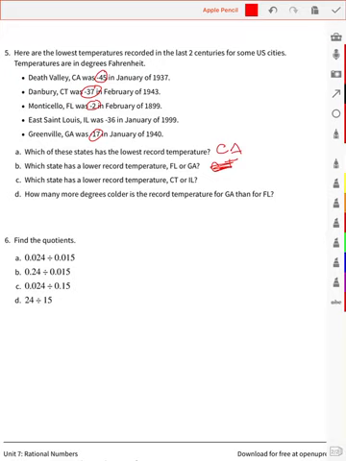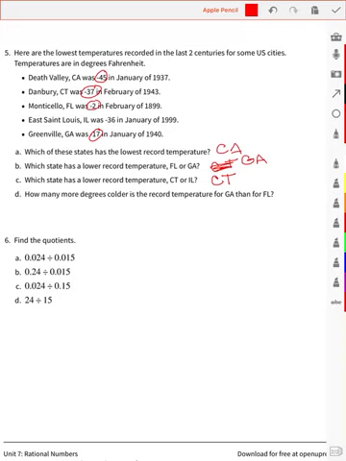Florida is negative 2 and Georgia is negative 17. Which one of those is lower? Georgia. Which state has a lower record temperature, Connecticut or Illinois? Connecticut is negative 37. Illinois is negative 36. So that would be Connecticut.